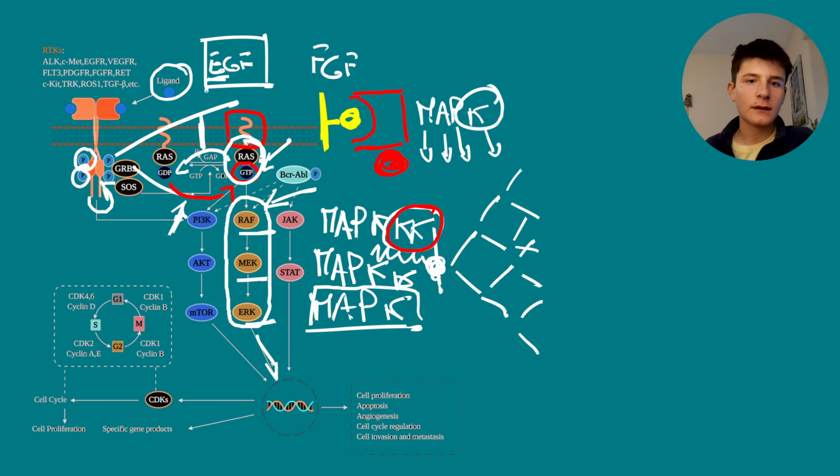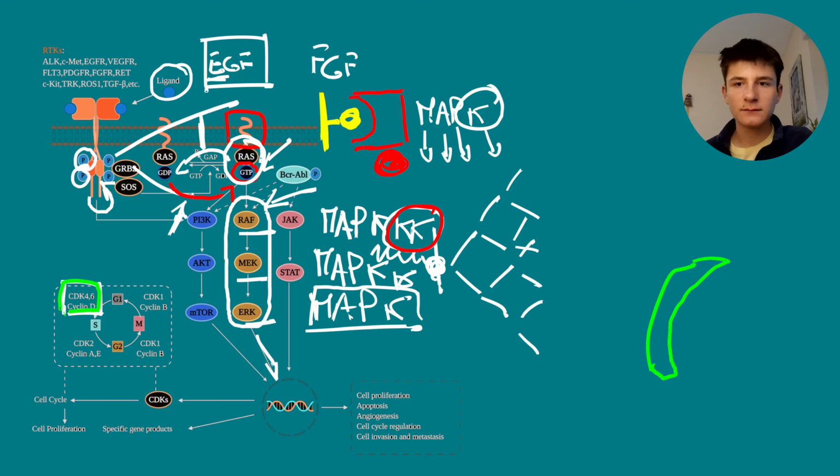So we have activation of some transcription factors, modification of transcription, and including the transcription of G1 to S cyclin, so cyclin D, CDK4 or 6. This complex, if you remember, is responsible for the phosphorylation of pRB. If you draw, this is pRB, and pRB inhibits E2F.